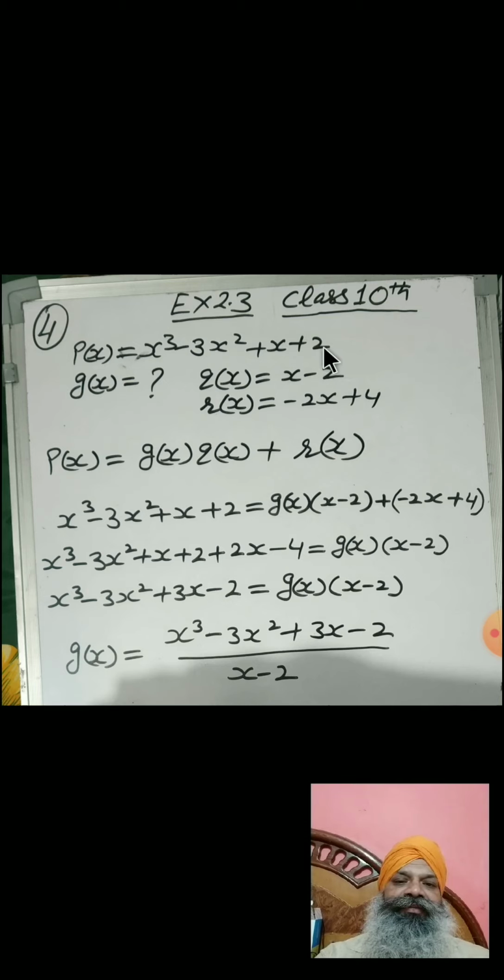When it is divided by another polynomial g(x), it gives us x minus 2 as the quotient and minus 2x plus 4 as the remainder.